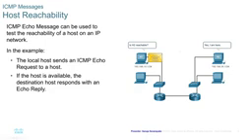In the example here, the local host sent an ICMP echo request to a host. If the host is available, the destination host responds with an echo reply.